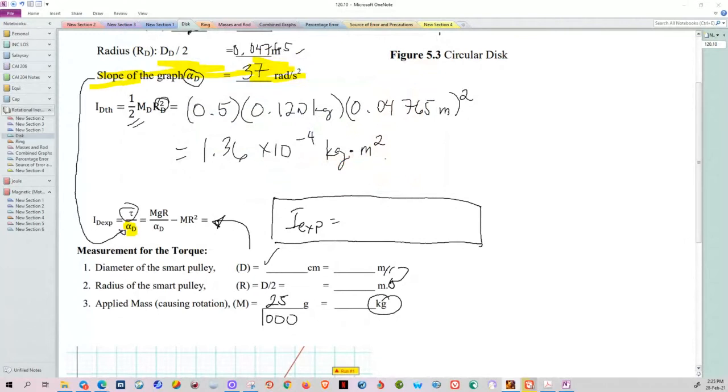What's the answer? What's the answer? Come on.